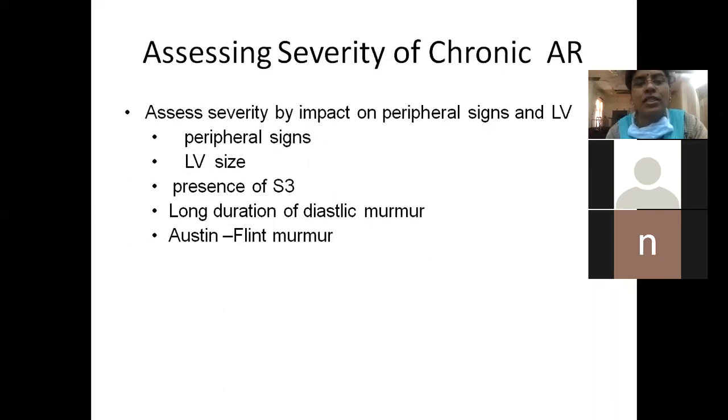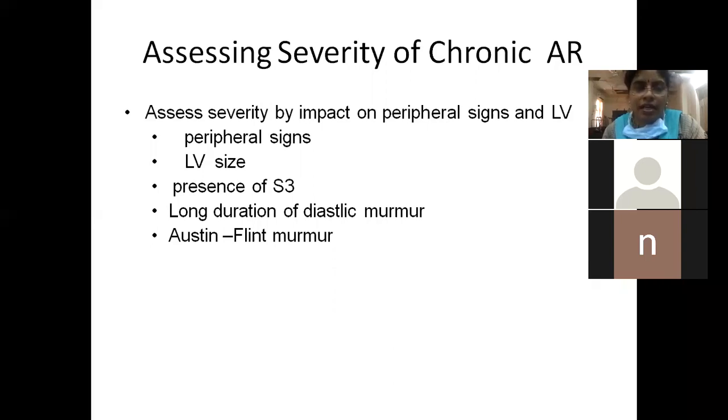Then, how do you assess the severity of the AR? Clinically. I'm not discussing the investigations here. How do you assess the clinical severity? One is peripheral signs. If the peripheral signs are there, it suggests severe AR.